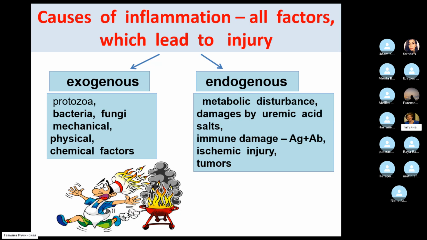In endogenous, you must remember from the previous lecture, we said that the cell is injured if there is disturbance or impaired homeostasis. That is why metabolic disbalance, disturbance of homeostasis. You see, any immune disease may lead to inflammation.